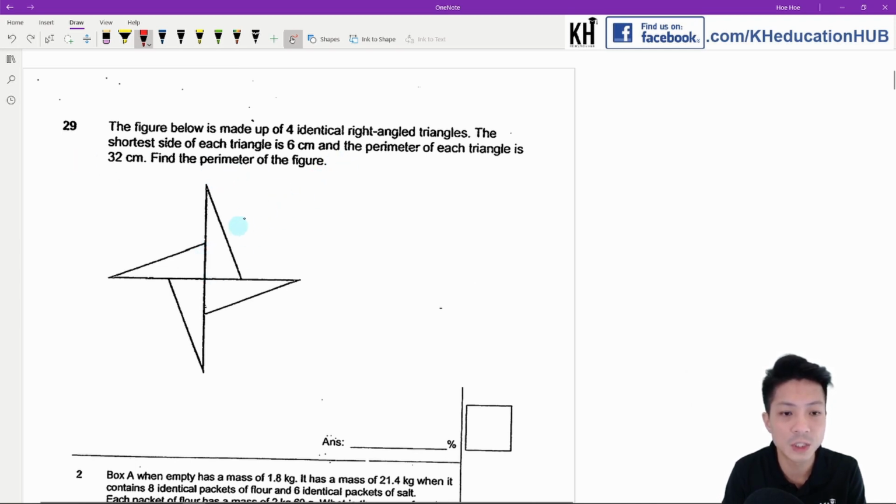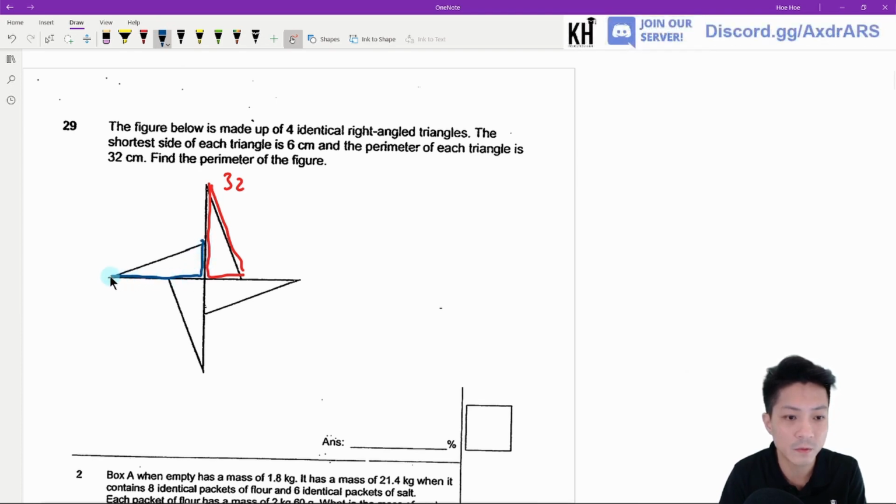Okay, so in this question, I'm going to draw the triangles of each one of them. I'm going to draw slightly out, so this triangle will be here. Okay, like this, so we know that this is 32. I'm going to change the color slightly for this one.